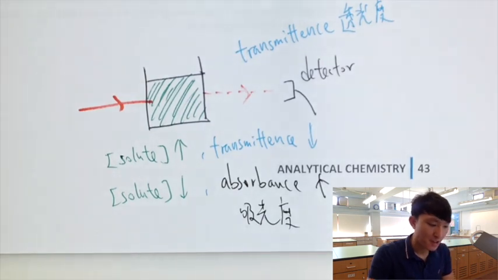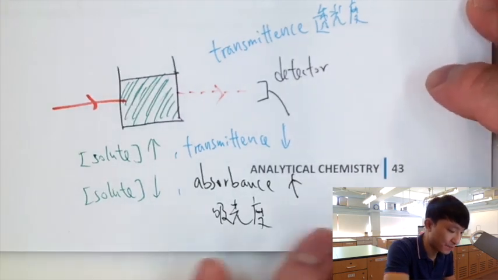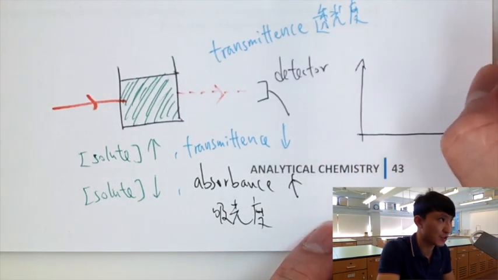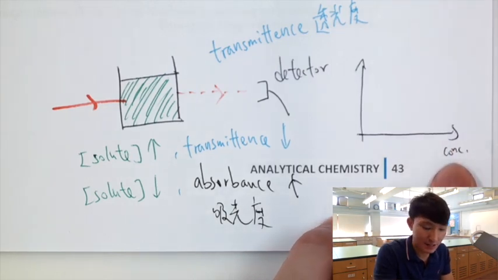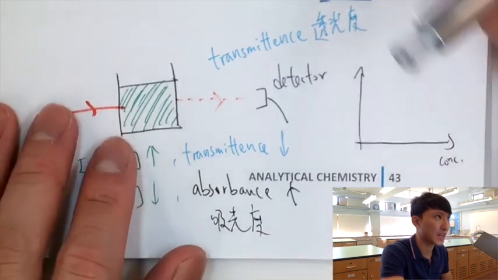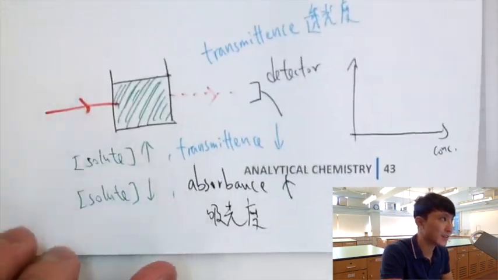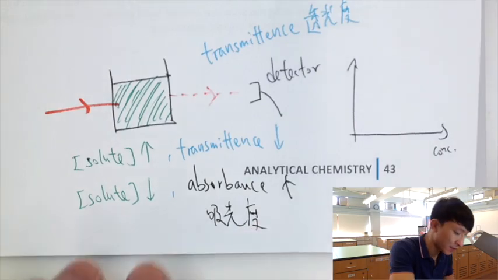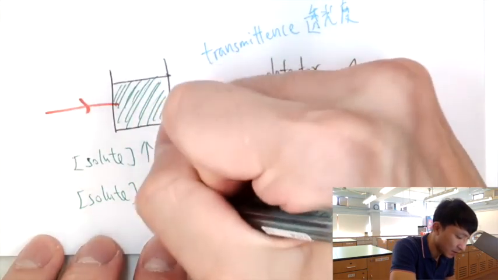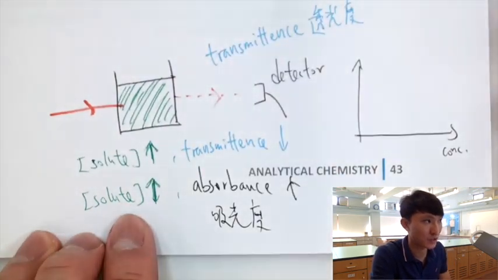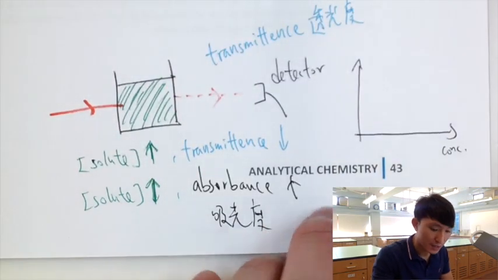Think about a graph with the concentration of solute on the x-axis. Sorry, I made a mistake here. From the calibration curve, with a higher solute concentration, the absorbance will be higher.